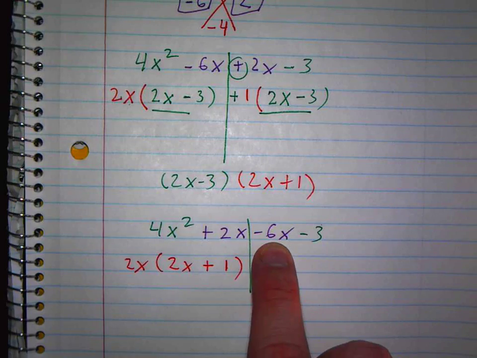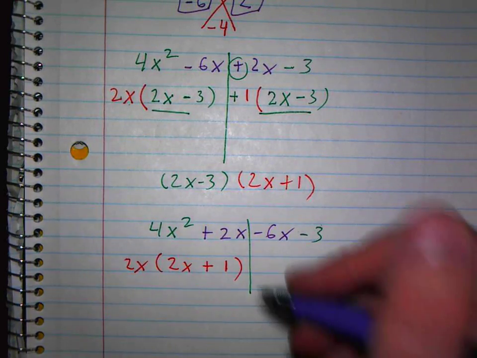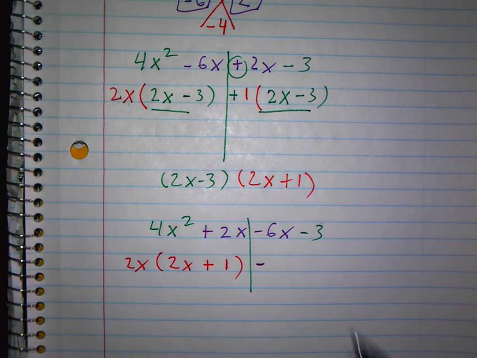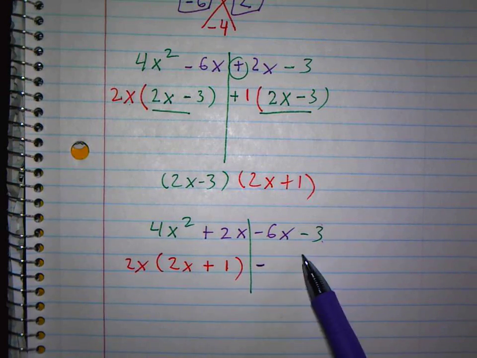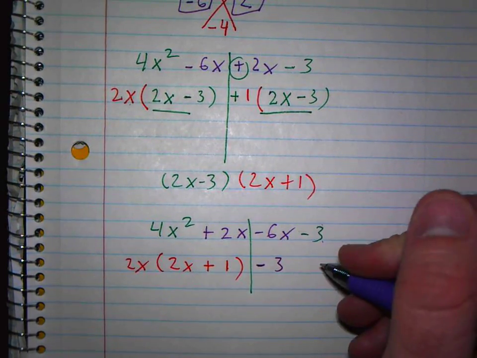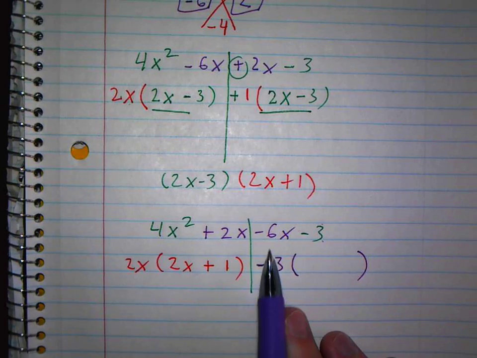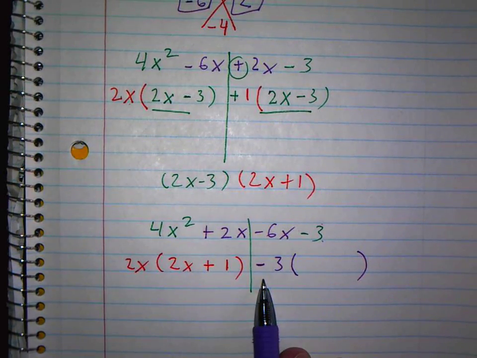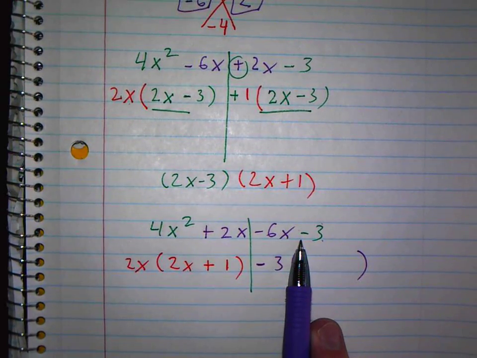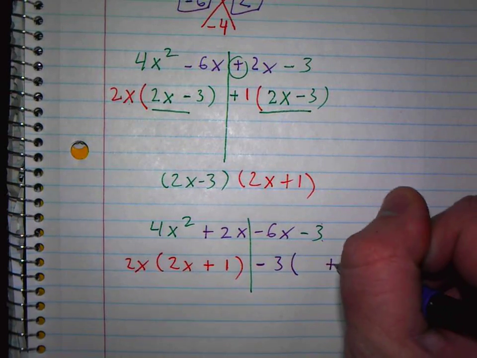And then when I take out a negative, these have a what in common? 3. Now, on the right side, when you pull down a negative, that changes that to the opposite sign, so that's going to change that to a plus.